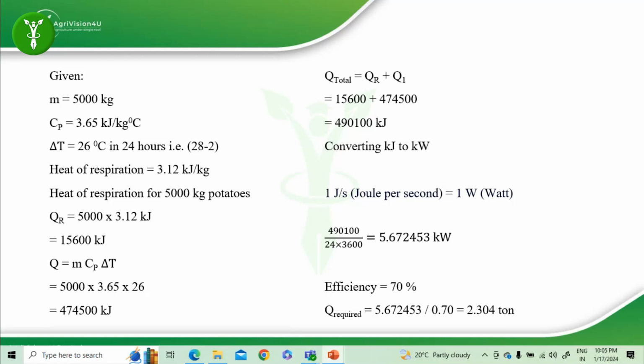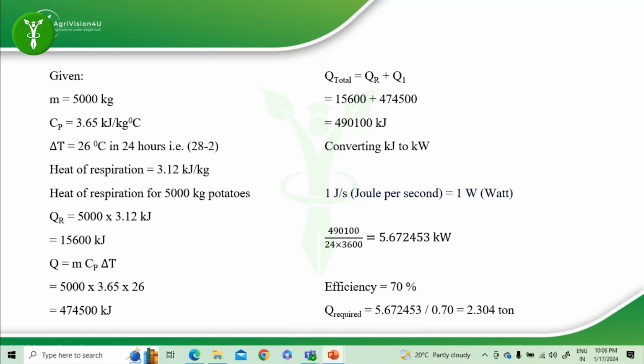But since this is a cold storage, there is also an involvement of heat transfer. So how can we calculate that? Q is equal to mCp dT. We have the value of M, the value of Cp, and the value for del T. Putting the values, you get the value of Q as 474500.